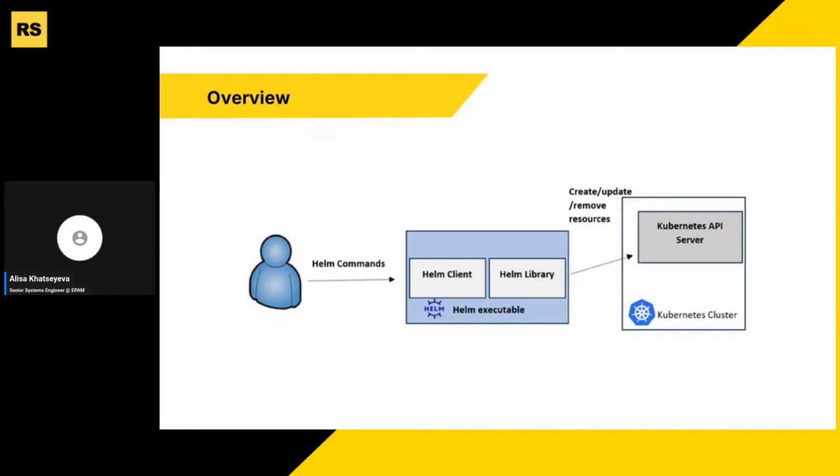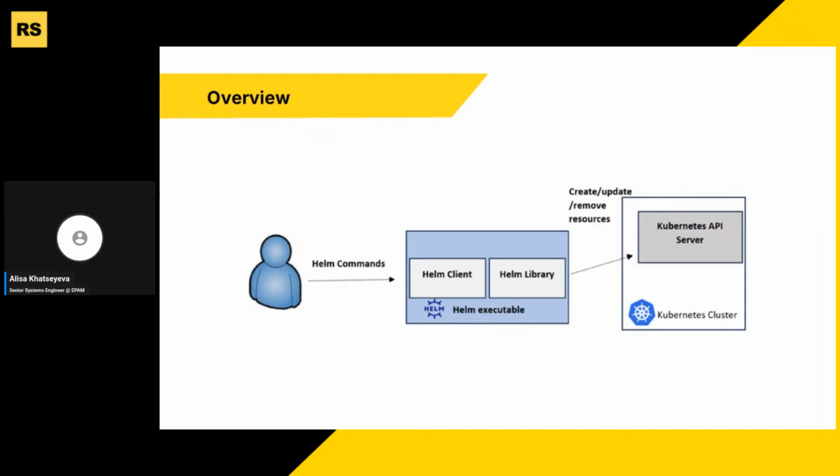As you see in the picture, our main actor is the user. The user sends Helm commands, and these commands are parsed by the two basic components of the Helm executable. The first one is the Helm client, and the second is the Helm library. The Helm client is a CLI tool that users interact with to manage the Kubernetes cluster, and it's the primary way users install, configure, and manage Kubernetes resources using Helm charts.